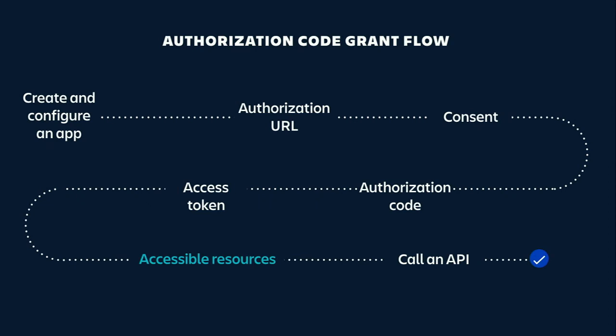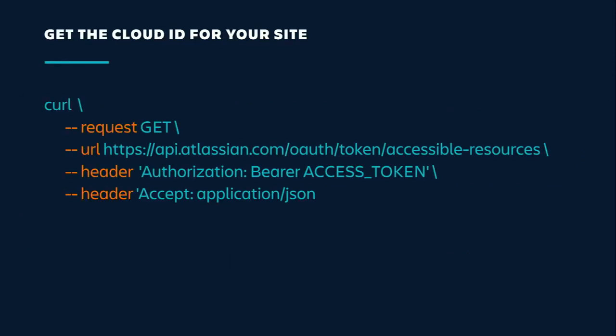Okay, and in the consent screen you saw the site selection. So at this point, we don't know which sites the end user can access. So we have to hit a special API in Atlassian to check which sites the user can access. We'll just use the access token we got in the previous step, add it in an authorization header, and call this accessible resources API.